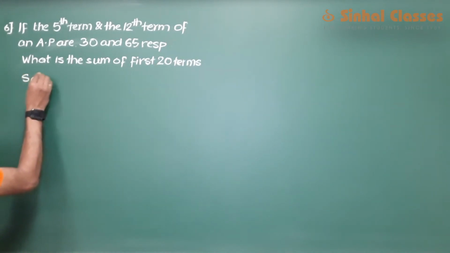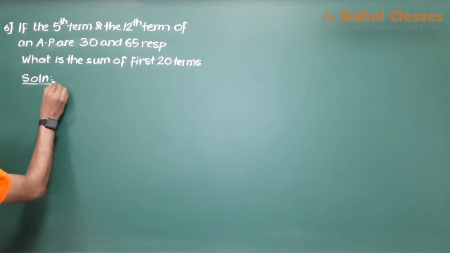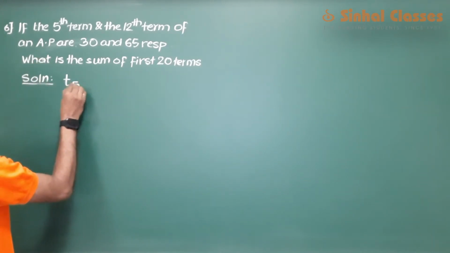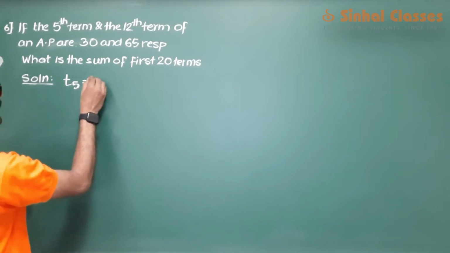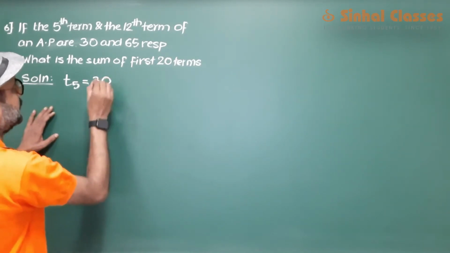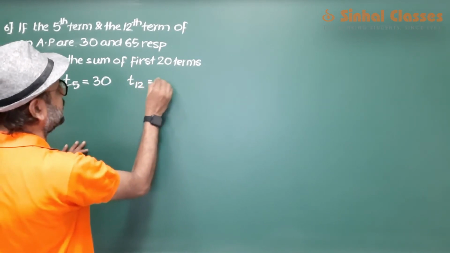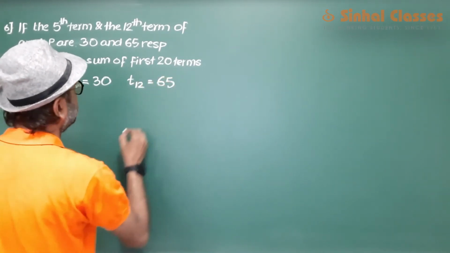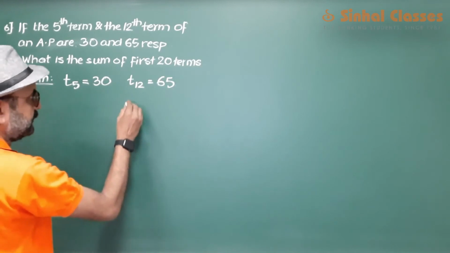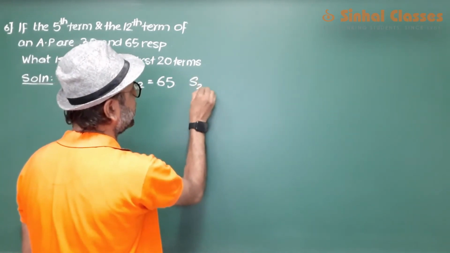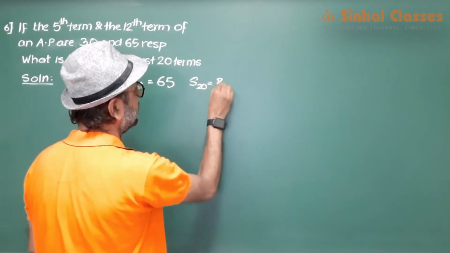These two values are given to us. We are asked to find out the sum of 20 terms. Sum of 20 terms means we need to find out S20.